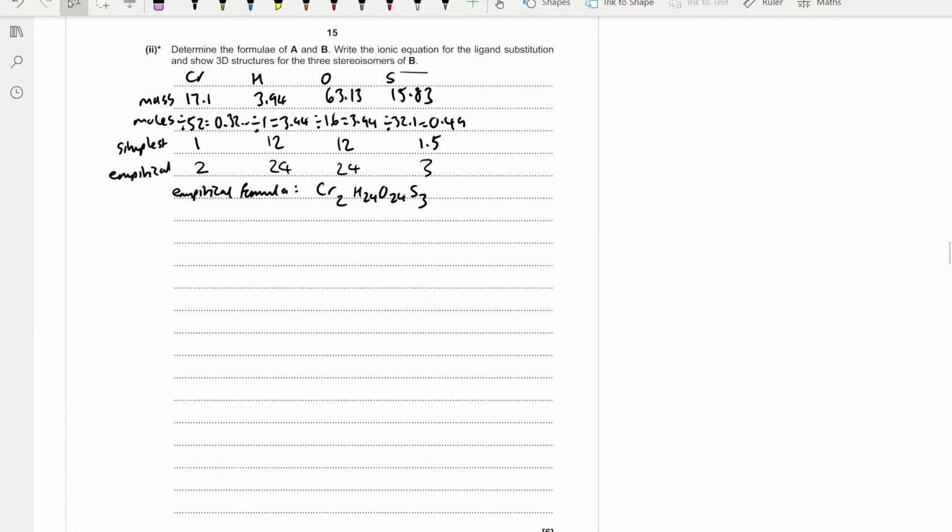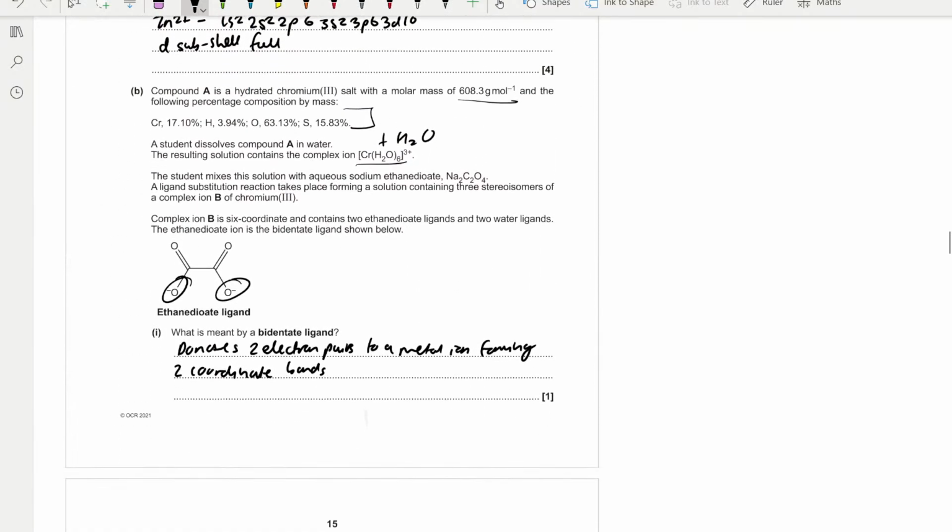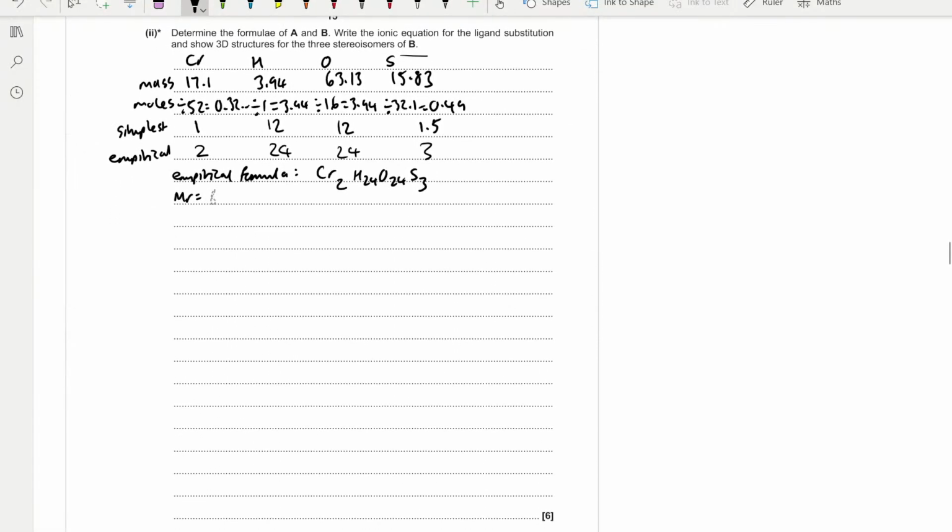And then we know that our Mr is 608.3 grams per mole to the minus 1. So then if we just calculate what the empirical formula Mr is, it should be equal to 608.3.